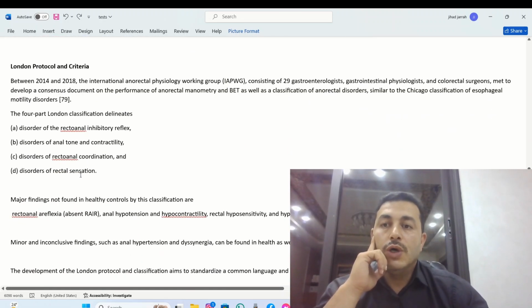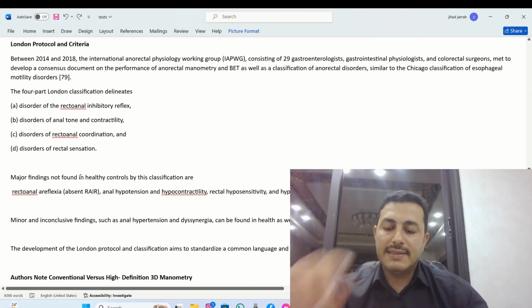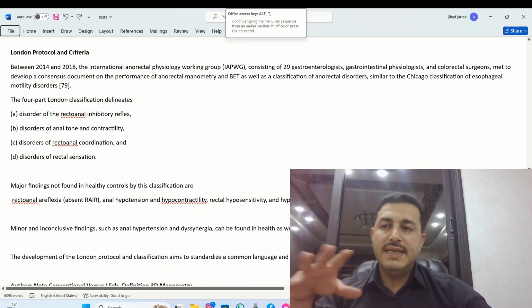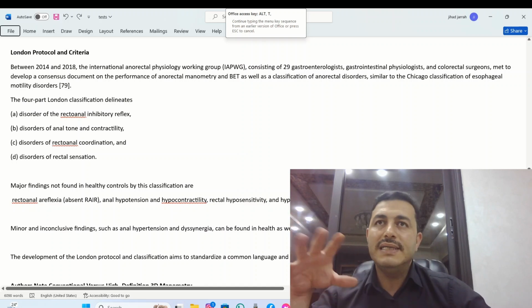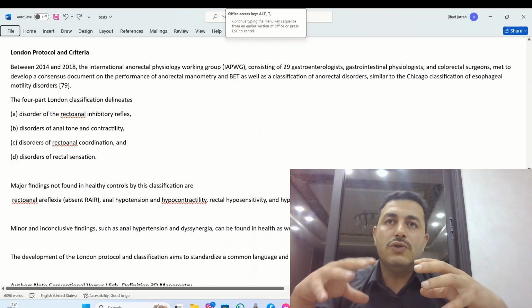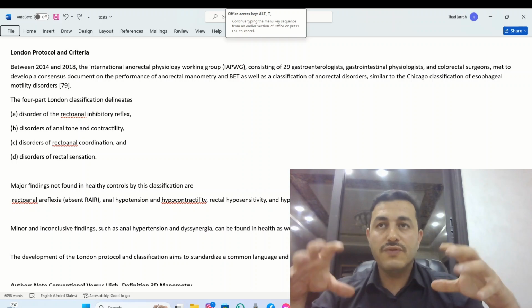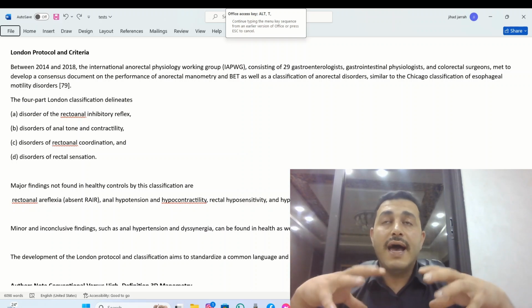let's move to the London Protocol and Criteria. The idea behind the London Protocol and Criteria is to standardize manometry.